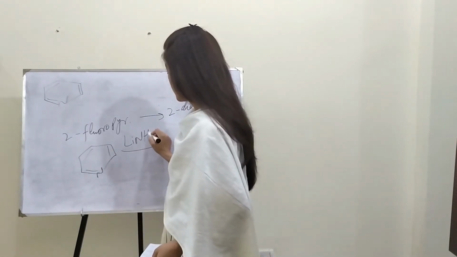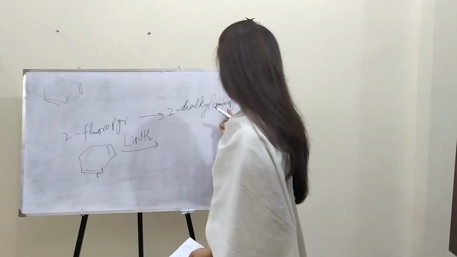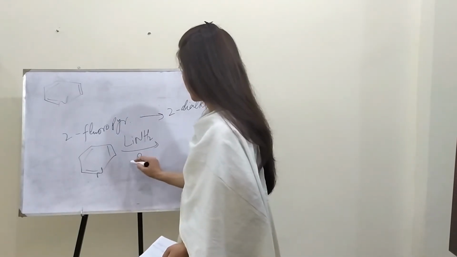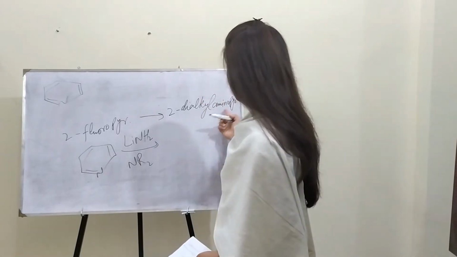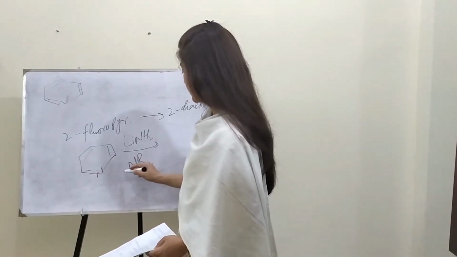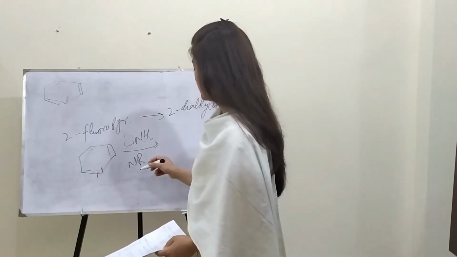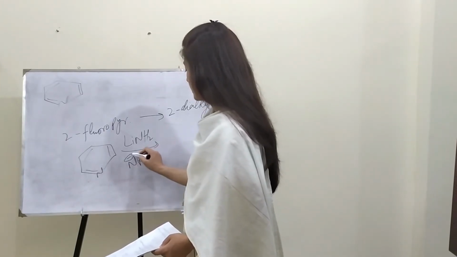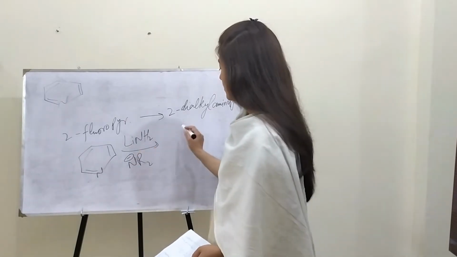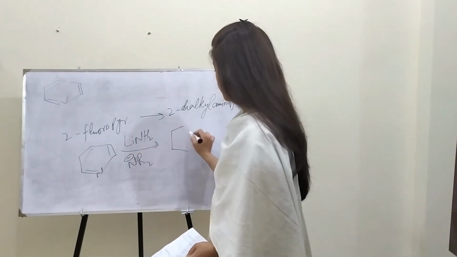That is lithium amide and dialkyl, that is R2, dialkylaminopyridine, NR2, and here any other group would be present. And this is the case of a nucleophile with negative charge.